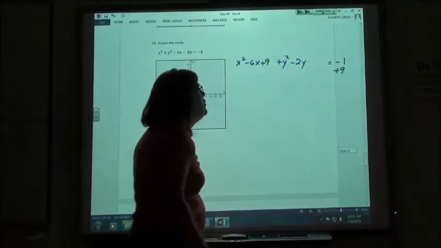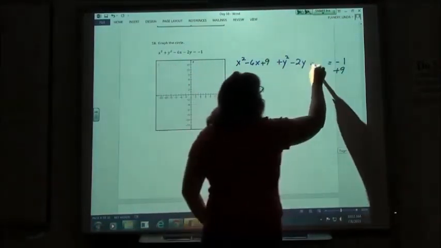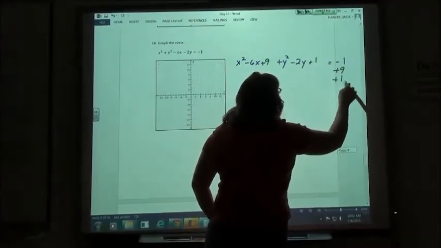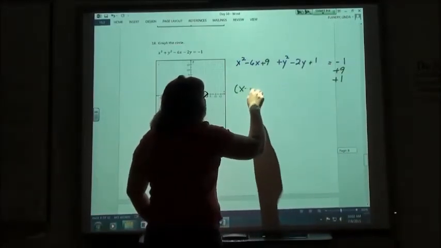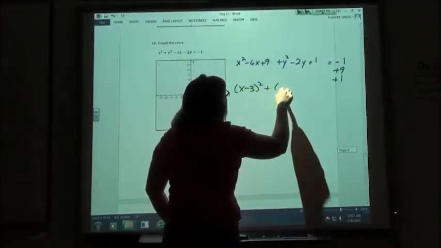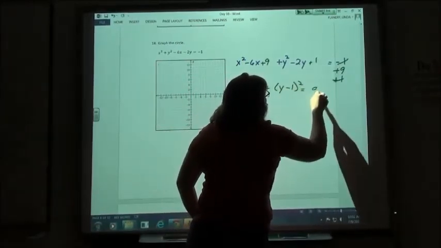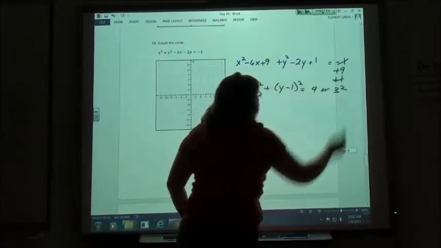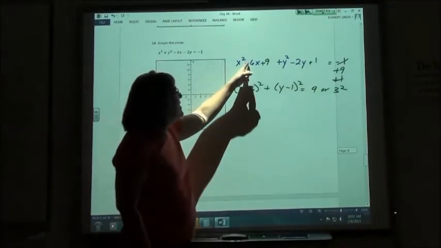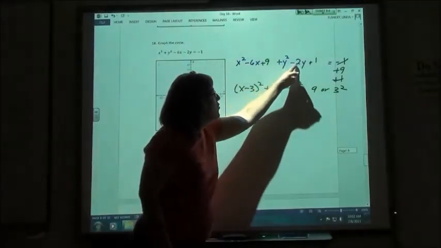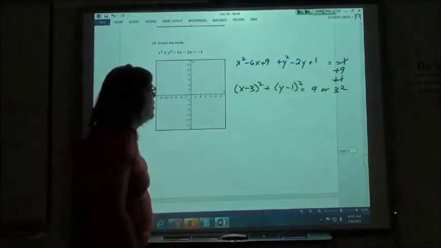Half of negative 2 is negative 1, and negative 1 squared is 1. So I'm going to have x minus 3 squared plus y minus 1 squared equals, and we must have liked to get 9 today. So again, this is half of my middle term, or factor it out the long way.